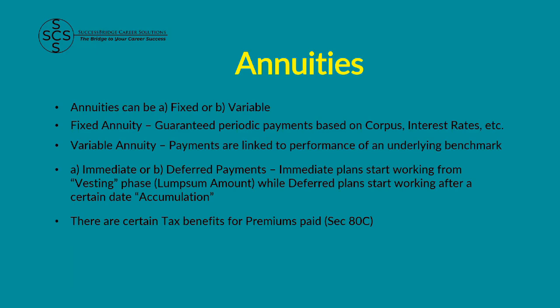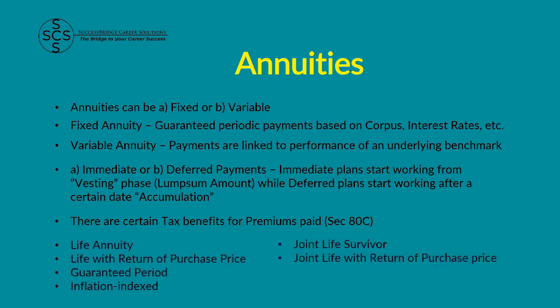And then there are different types of annuities. For example, you can have a life annuity with return of purchase price, guaranteed period, inflation index, joint life survivor, and joint life with return of purchase price. The definitions of these you can just look up on Google.